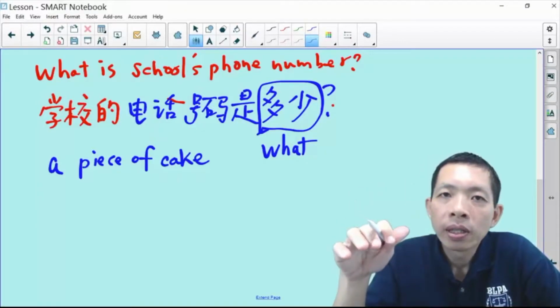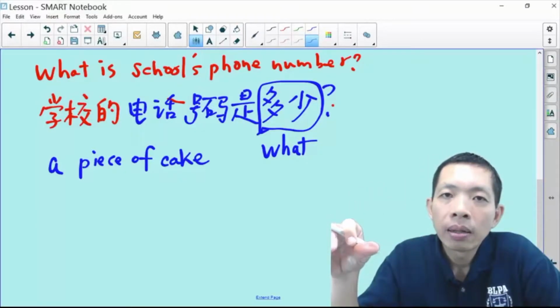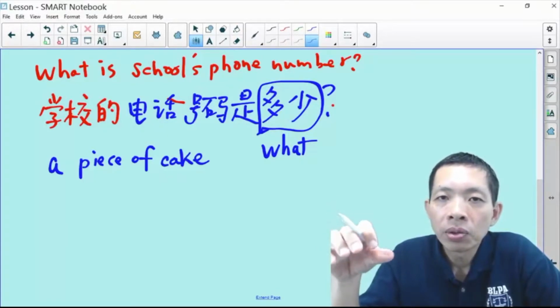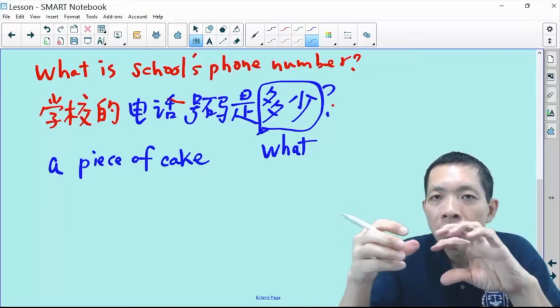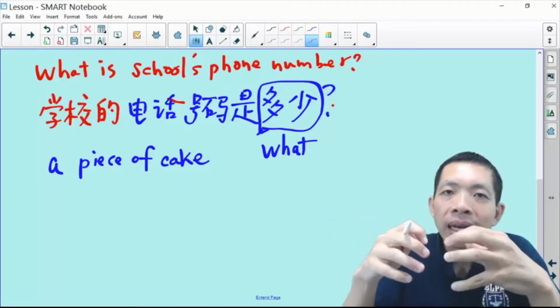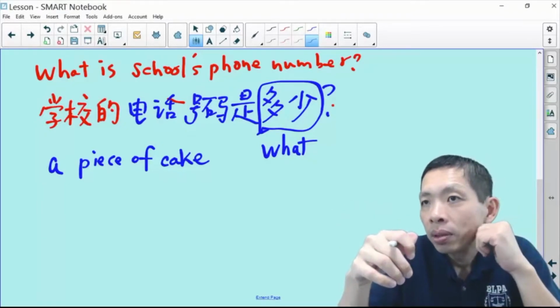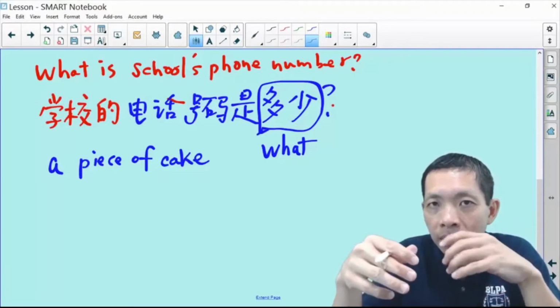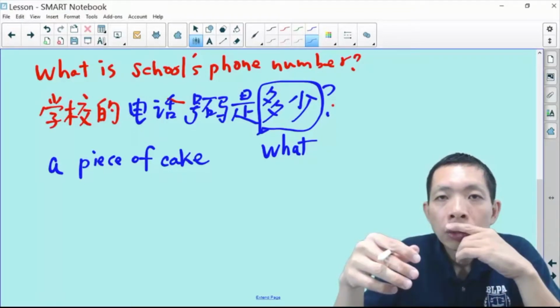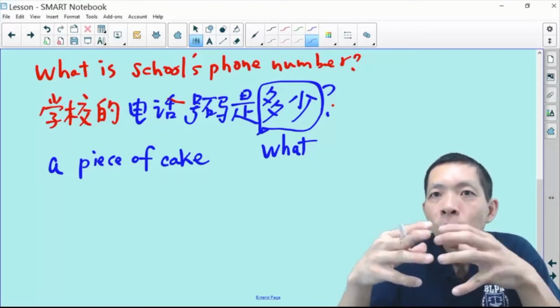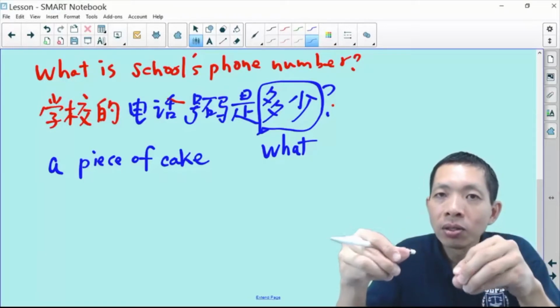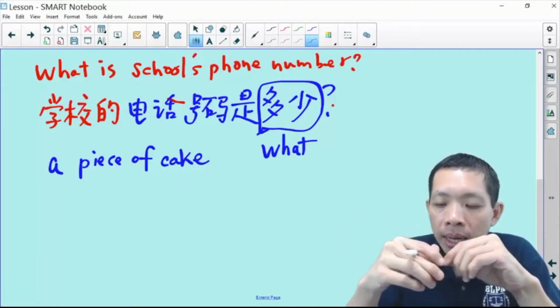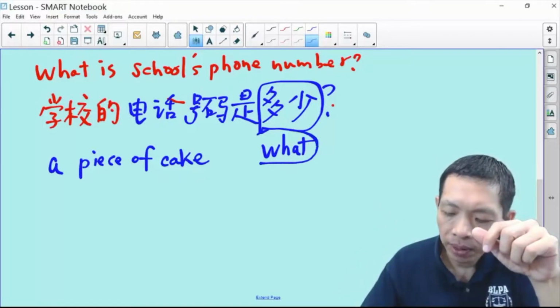Learning a language is like putting together pieces of a puzzle. You have big pieces and smaller ones. Some are really obvious, some you cannot tell the difference. So in order to make it work, you just pay a lot of attention to the details, and this is one of the details.